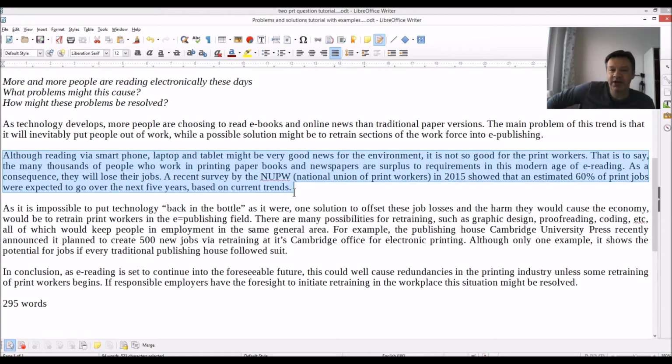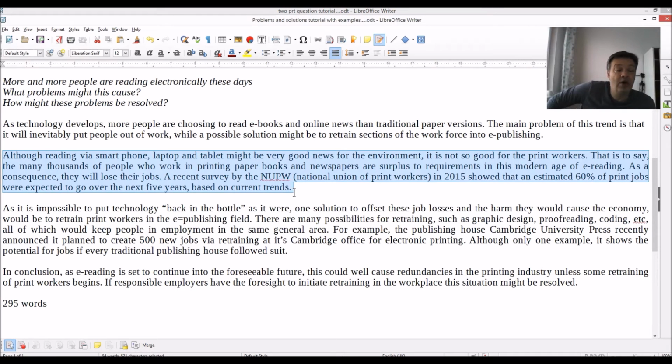Because if everybody's reading on the phone, they're not buying books or paper. So, as a consequence, they will lose their jobs. Boo-hoo. A recent survey by the National Union of Print Workers showed that an estimated 60% of print jobs will be expected to go over the next 5 years based on current trends.